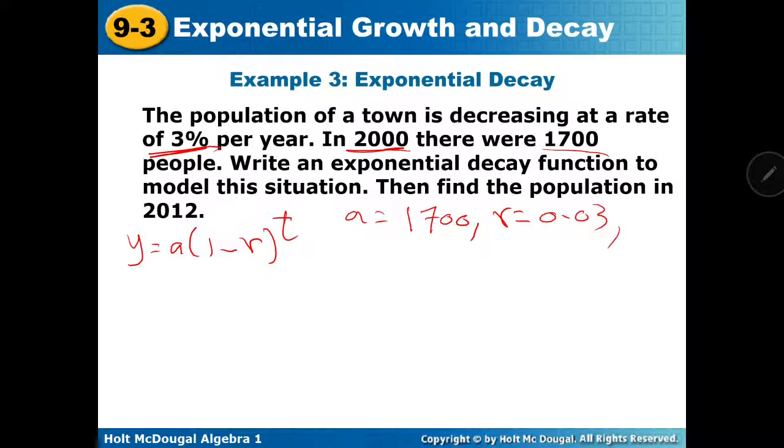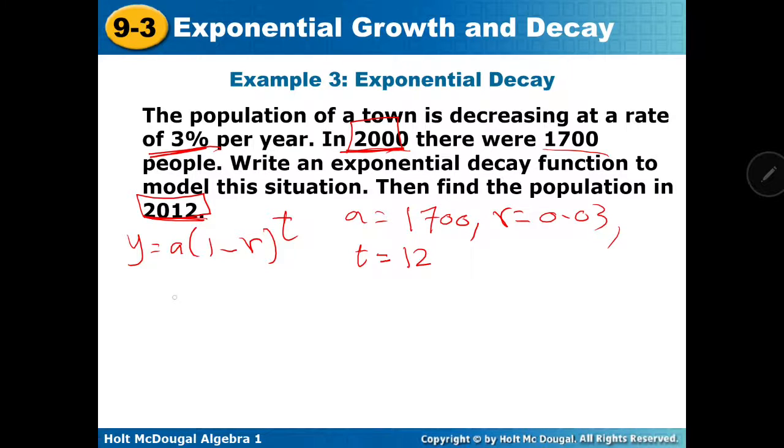And t is 12. From where? Because he said in the year 2000 it was 1,700. What will it be in the year 2012? There are 12 years between the year 2000 and 2012.